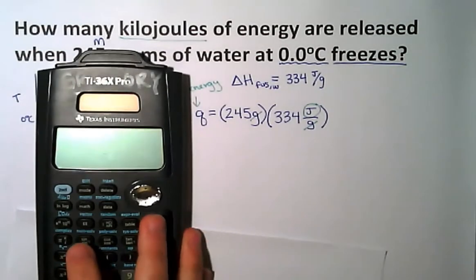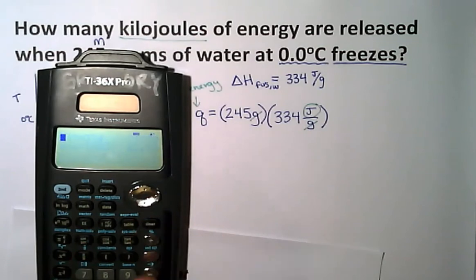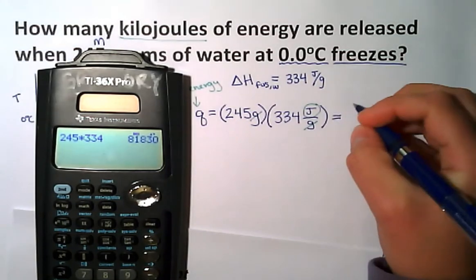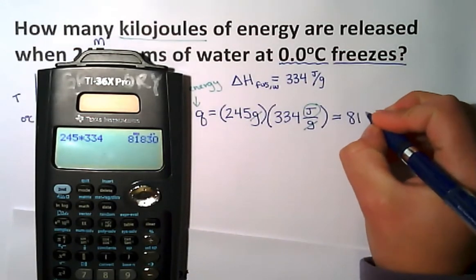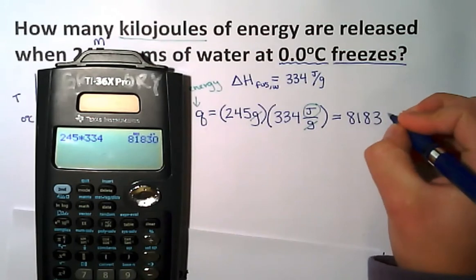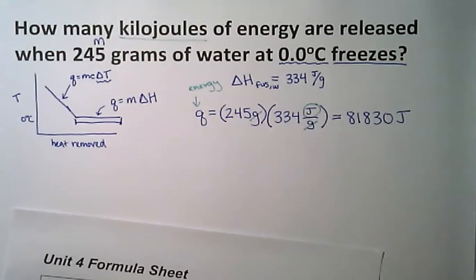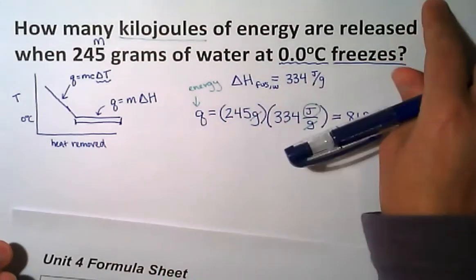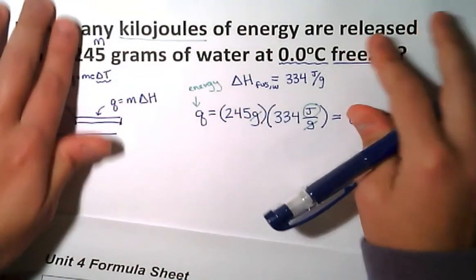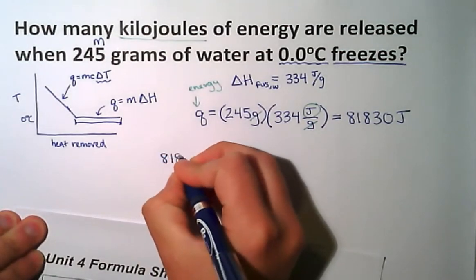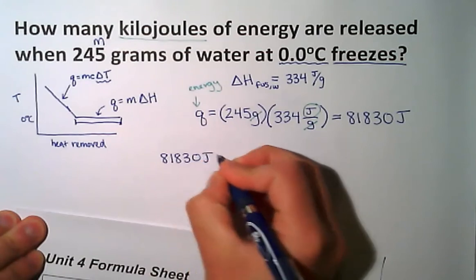Alright, so let's go ahead and do this in our calculator. 245 times 334, and that gives us 81830 joules. Okay, and then we can set up our joules to kilojoules conversion. It's just a metric conversion. So we have 81830 joules.